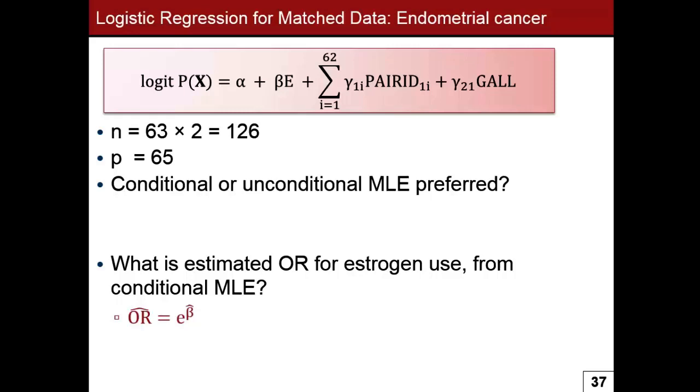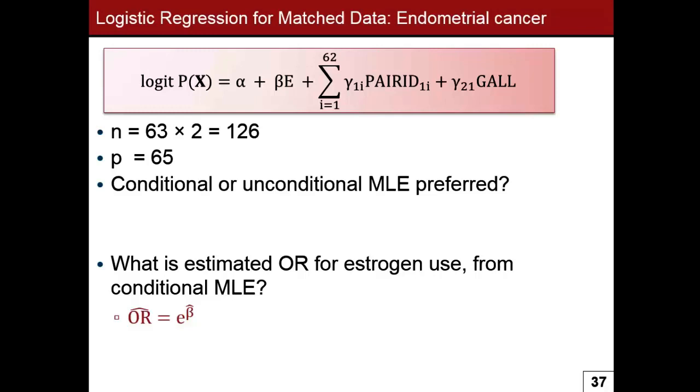Let me just point out that Eli was talking about the conditional model. The model up there at the top is the same model; it's one model you're using. What you're using is two different ways to estimate the parameters in that model. One method is called unconditional estimation, and the other is called conditional estimation. So the model is the same whether you're doing conditional or unconditional.